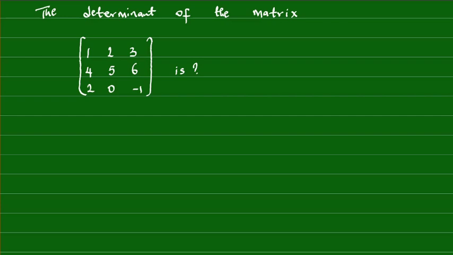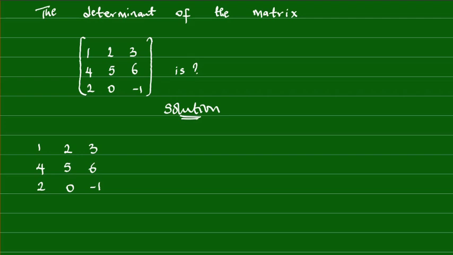In solving this, we quickly write solution. Next, we copy out the elements of our matrix, usually 1, 2, 3, 4, 5, 6, 2, 0, minus 1.